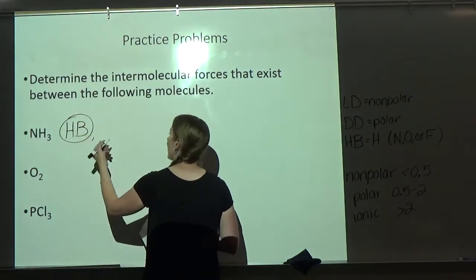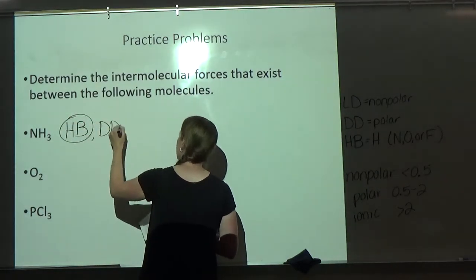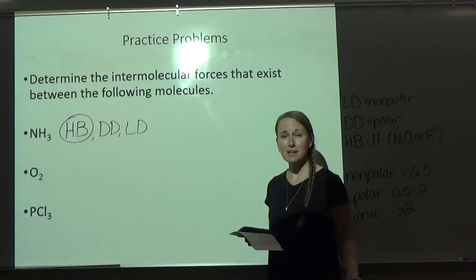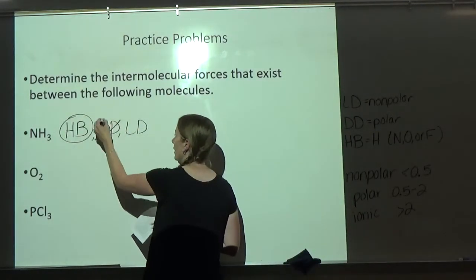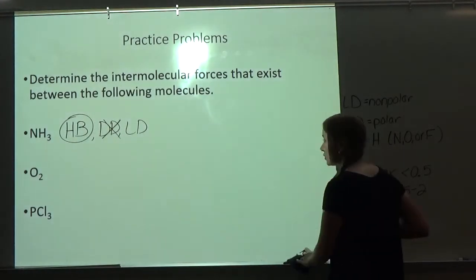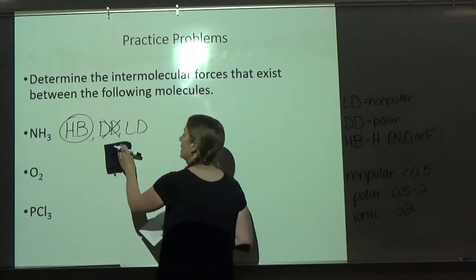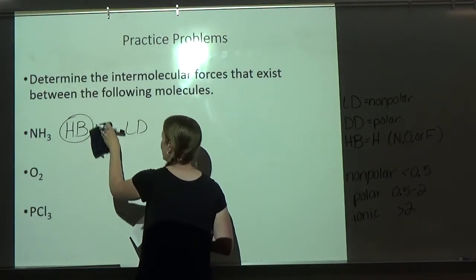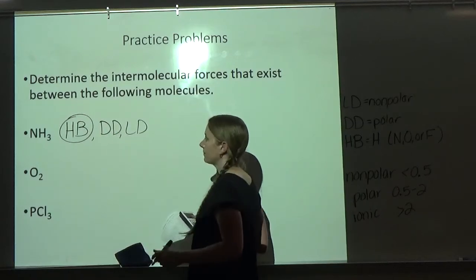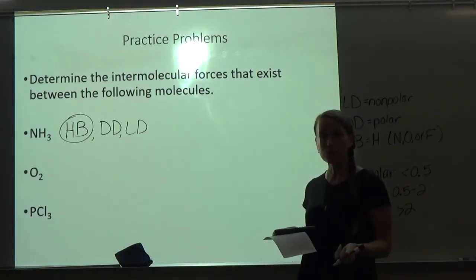However, remember, they're additive, so technically it has dipole-dipole, and all molecules have London dispersion. Now some people aren't big on whether or not you include the dipole-dipole because hydrogen bonding is an incredibly strong form of dipole-dipole, but I just like to put all of them just in case, just to show that they are additive.